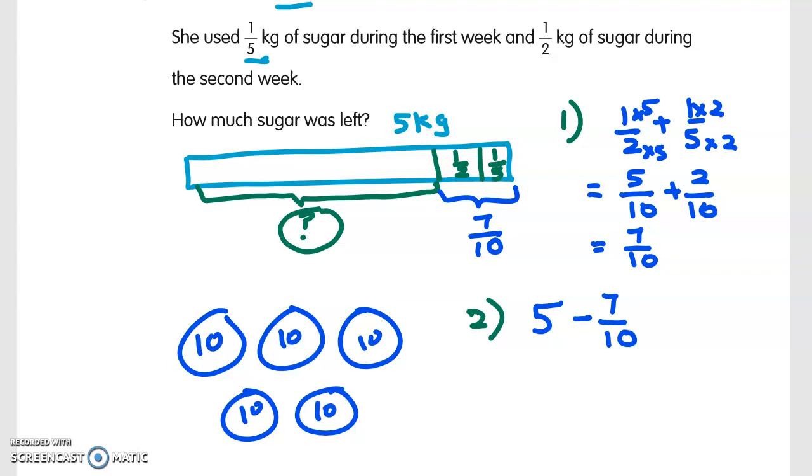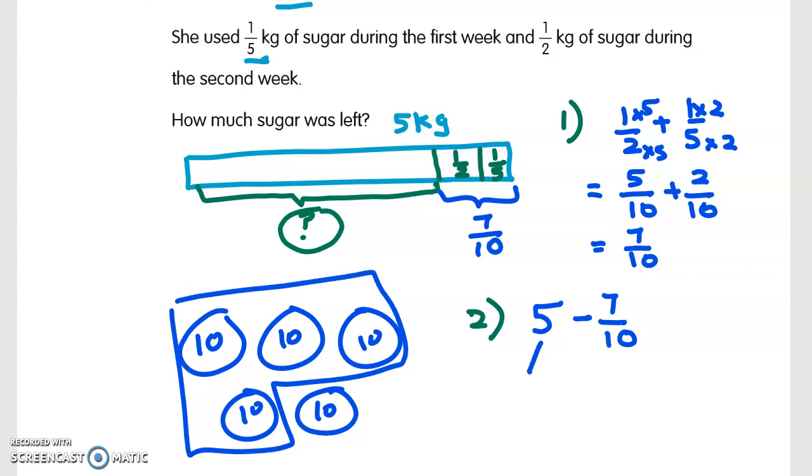Now this is the same as having 4 wholes and 10 out of 10 parts. Okay, these are 4 wholes and 10 out of 10 parts.